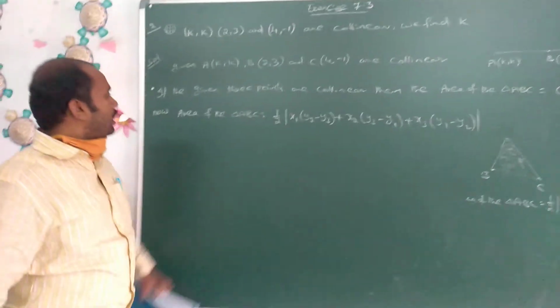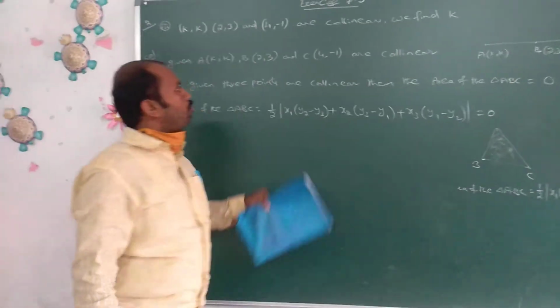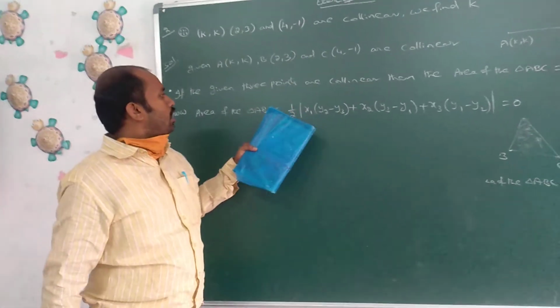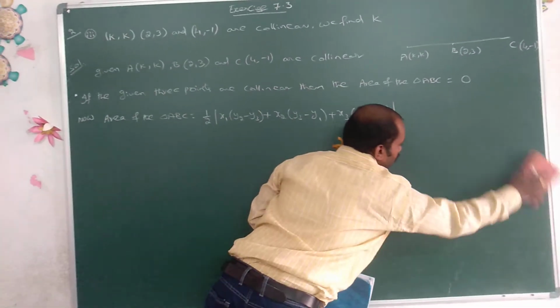This area of the triangle ABC is equal to 0 because already the given points are collinear. So area of the triangle ABC formula, this one, we can equate to 0.